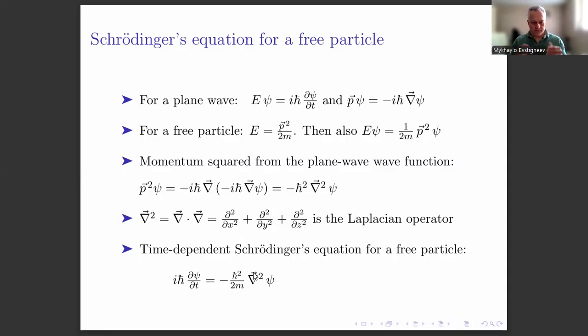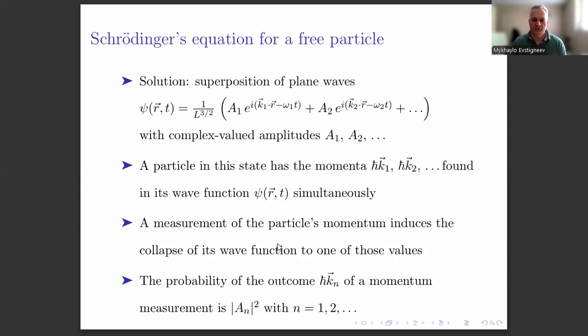Schrödinger's equation is a linear equation, which means that the sum of any two solutions of this time-dependent Schrödinger's equation is also a solution. So any linear combination of plane waves like this will be a solution.